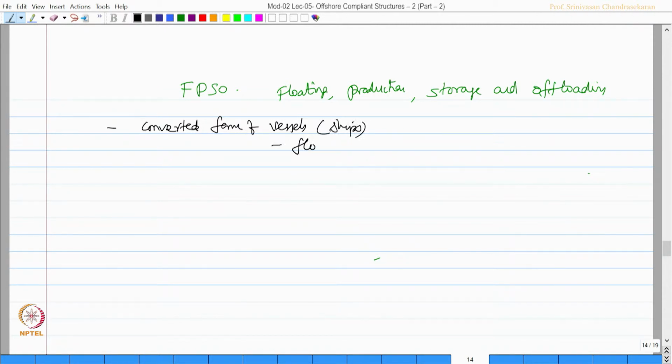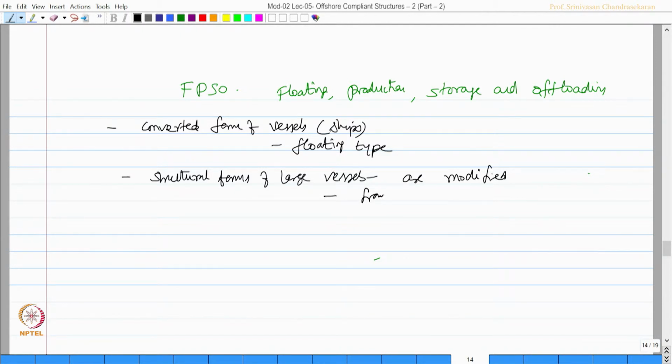So, they are completely floating type. The structural forms of these large vessels are modified, what modification you do is you modify them from bottom supported system to completely floating system. Most of them are self propelled.